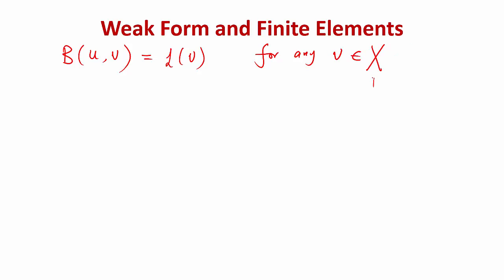So this X is a vector space, or vector space of functions. Okay, this has to be satisfied by a function U within another space, X_B, where X_B is an affine space.